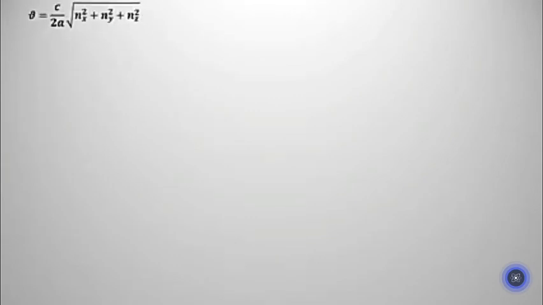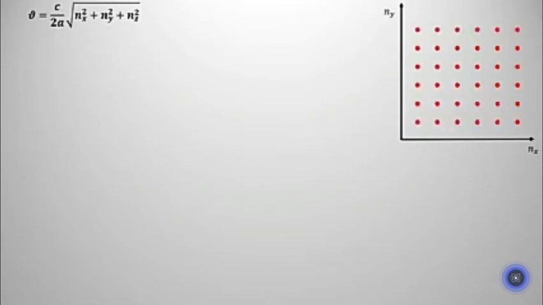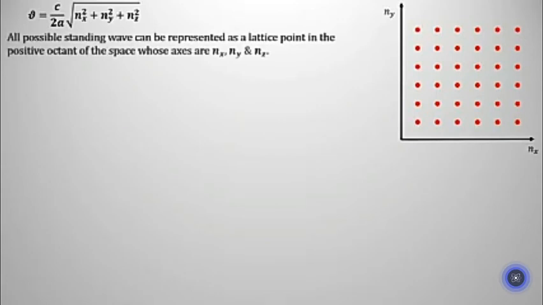Now all possible modes can be represented by points in the Cartesian coordinate system. If we consider a coordinate system made of nx, ny and nz, then each mode will be represented by a dot, because each axis in the coordinate system represents the number of modes in a particular direction.